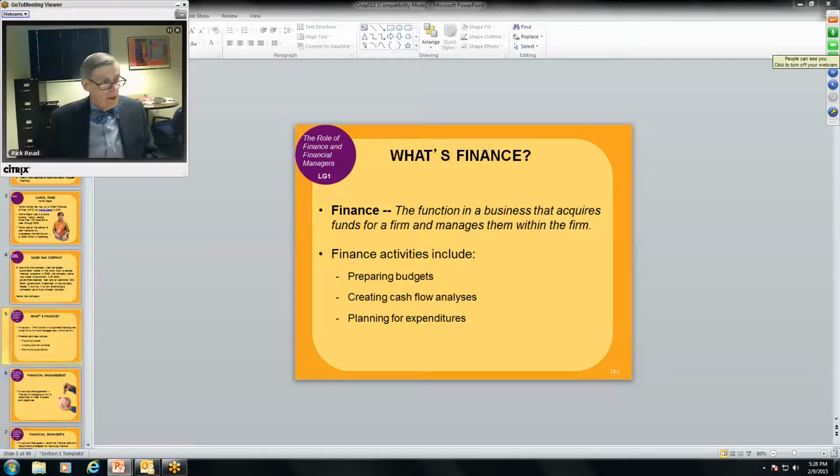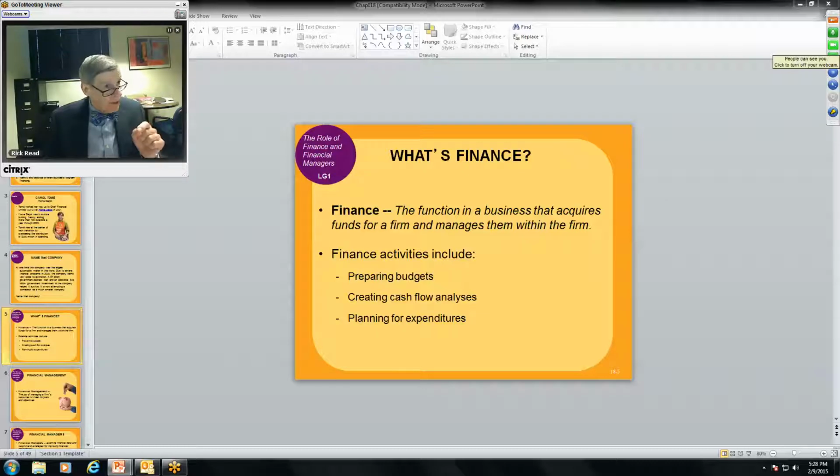Now, within the financial activities, this is beyond the financial accounting we talked about in the last hour. This is managing finances. These people prepare budgets. Notice they create cash flow analyses.